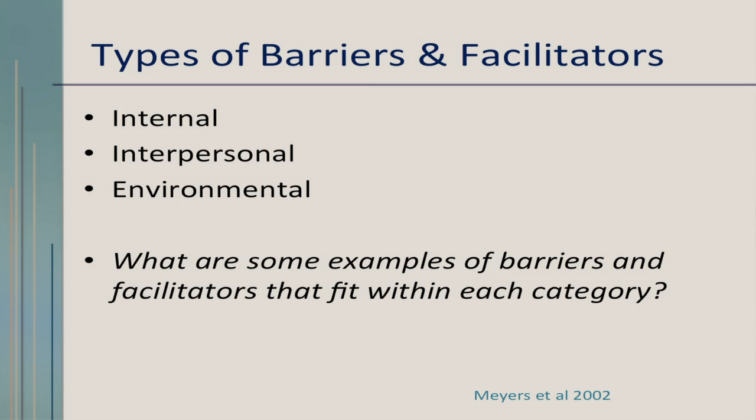So this would be, what is the person's fatigue level at the end of the day when they're attempting to exercise? What is their personal health? Do they feel well enough to actually undergo an exercise program that afternoon or that evening? What is their internal motivation, their drive? Do they want to lose a little bit of weight? Do they want their body to look a little bit better? Those kinds of things. And different people will have different motivational aspects.